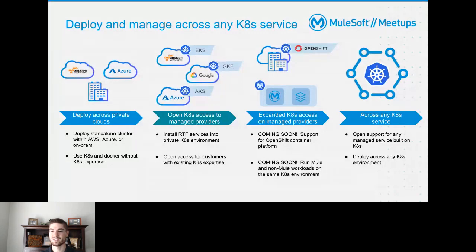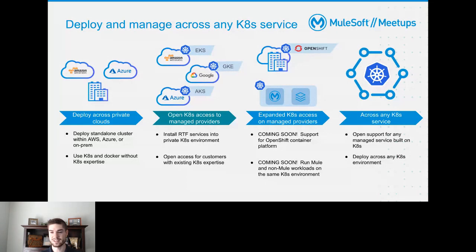So in 2020 they began supporting Amazon's Kubernetes service, as well as Azure's, and later Google. They're going to continue down this path with supporting the OpenShift platform, with the end goal being that Runtime Fabric can get deployed to any Kubernetes environment.